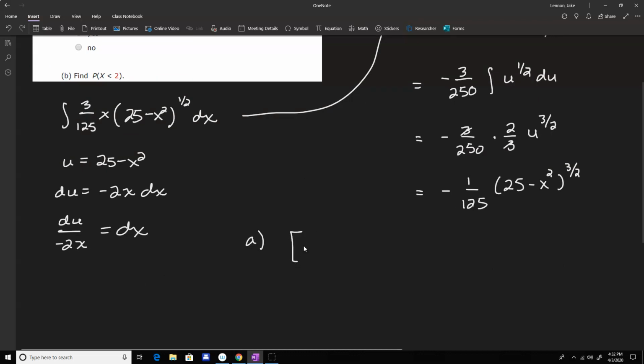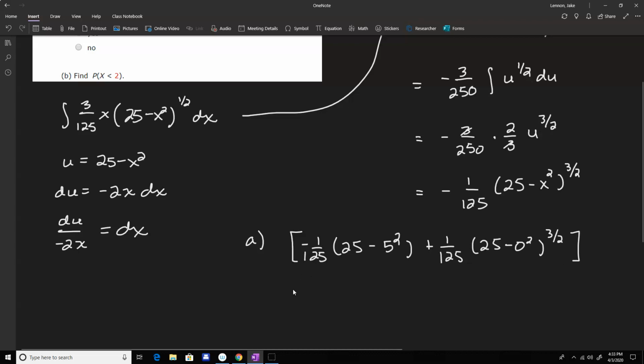So we would have minus 1 over 125, 25 minus 5 squared to the 3 over 2, minus, and then again we have the negative 1 over 125, so this becomes a plus 1 over 125, and then we're doing 25 minus 0 squared to the 3 over 2.